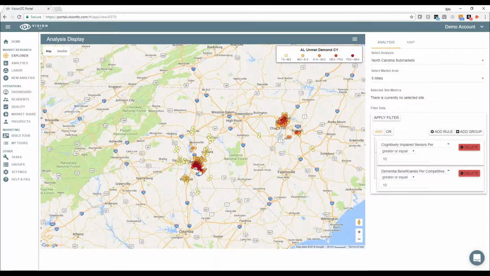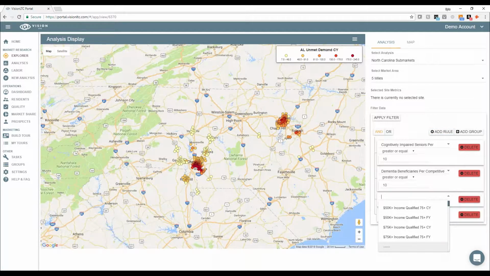You have really all of downtown Charlotte and Chapel Hill, downtown Raleigh, Apex, and then a number of neighborhoods in Charlotte and Rock Hill, South Carolina.